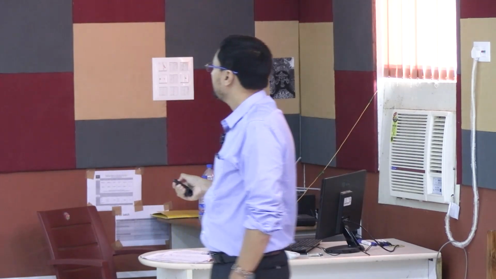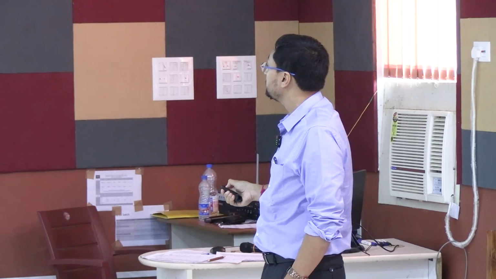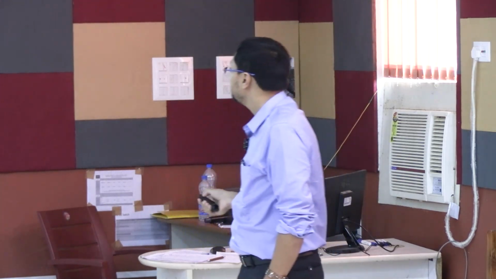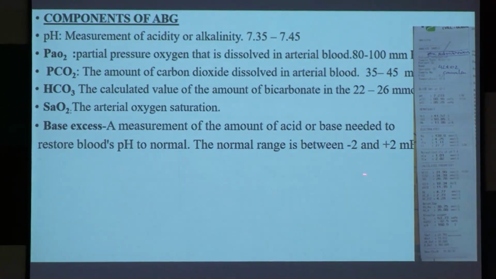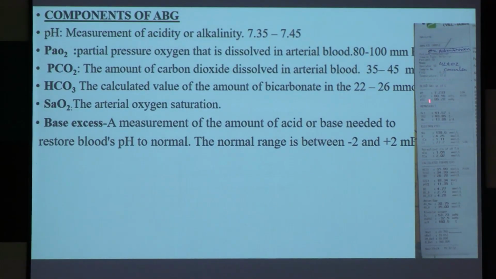In this ABG the pH is 7.23, right? So this is acidosis, and the bicarbonate is 31.9. But if the pH is 7.4, then the amount of bicarbonate is termed standard bicarbonate.